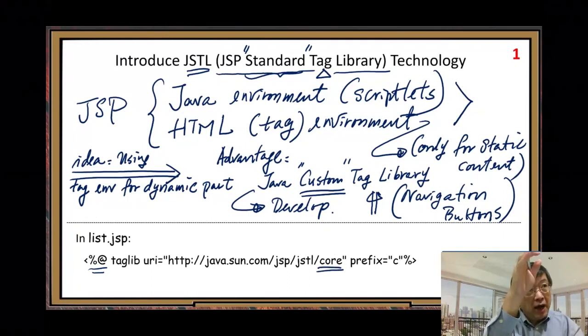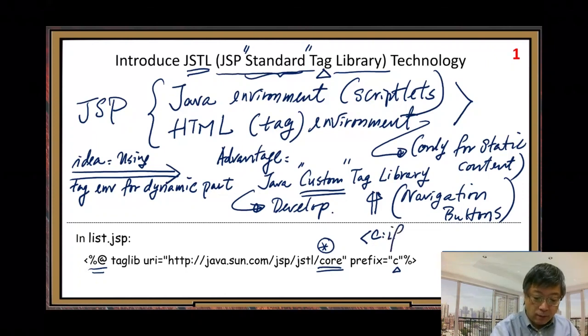JSTL has many packages: core, string, function, SQL, XML, but the most frequently used package is this core package. When we use the core package, we use a prefix, for example, the c prefix. So, c colon if, that's the if tag.